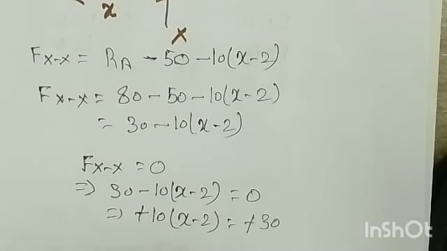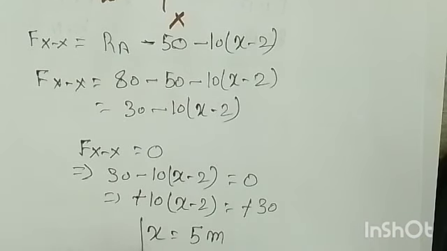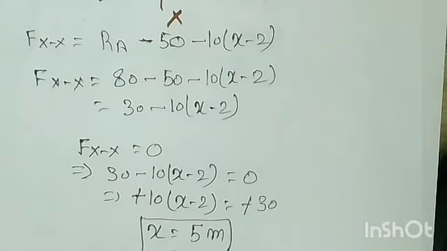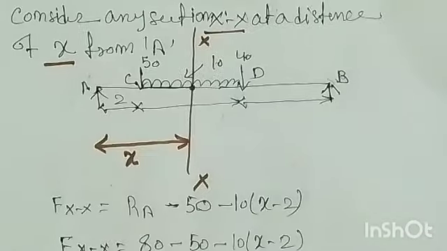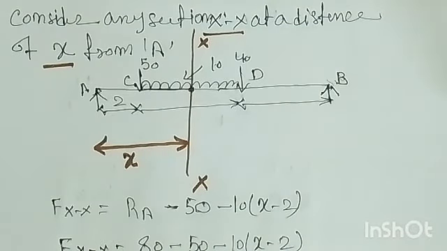The minus signs cancel, 30 by 10 is 3, so X is equal to 5 meters. On calculation we got 5 meters. It means the shear force becomes 0 at a distance of 5 meters from A. So whatever X we considered, this X is nothing but 5.